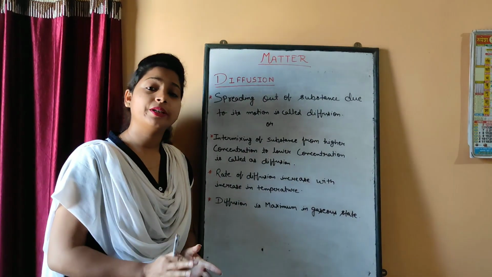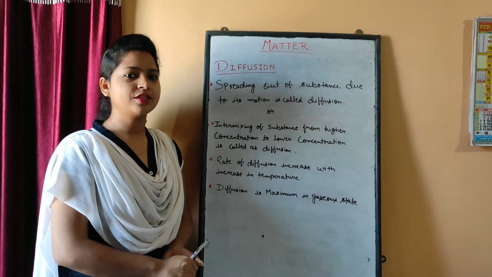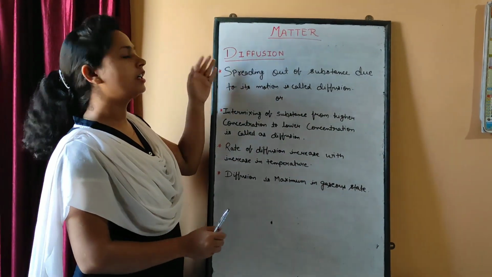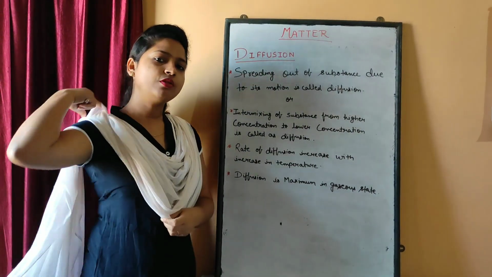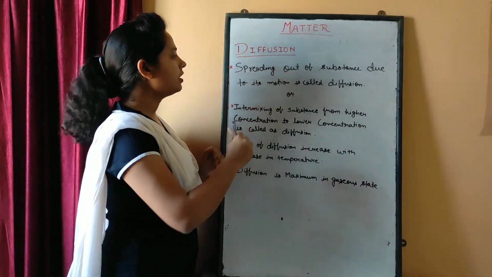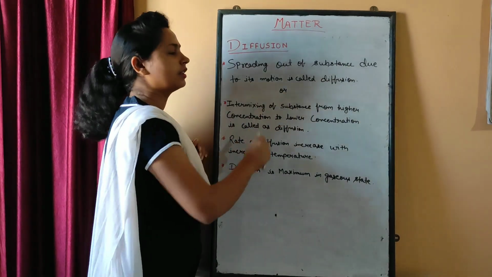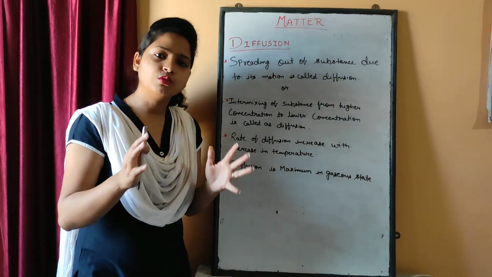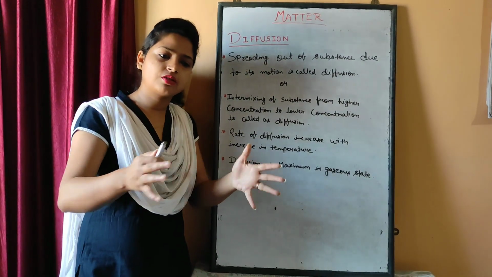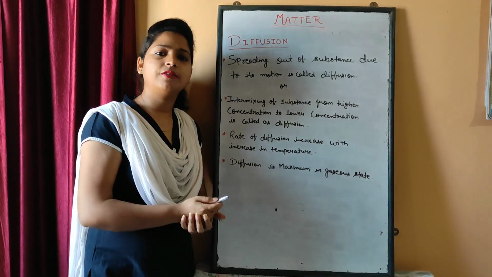Now, after the comparative study of solid, liquid and gas, our next topic is diffusion, right? So, what is diffusion? Diffusion is spreading out of substances due to their motion, right? If anything moves and spreads out, it is called diffusion.